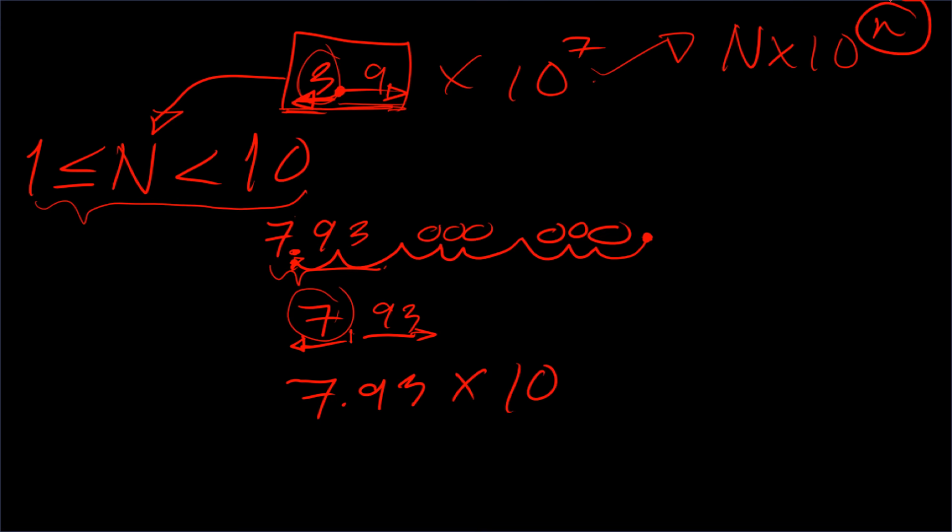So, paano natin malalaman yung value ng n dito? So, you need to count how many times you moved the decimal places hanggang sa ma-reach mo itong point to. So, dito, di ba? So, nagbilang tayo kanina. So, 1, 2, 3, 4, 5, 6, 7, 8. So, we move the decimal places 8 times to the left. So, nilagay natin siya dun 8 times. So, therefore, ang exponent natin is 8.